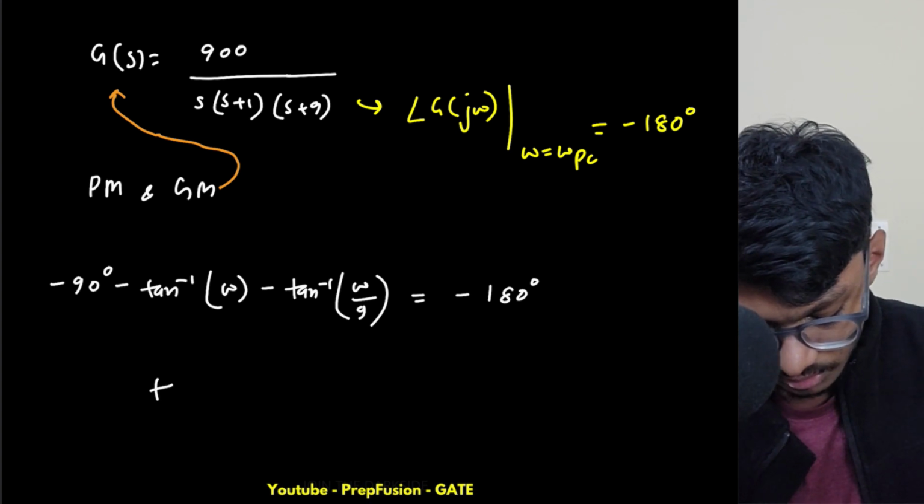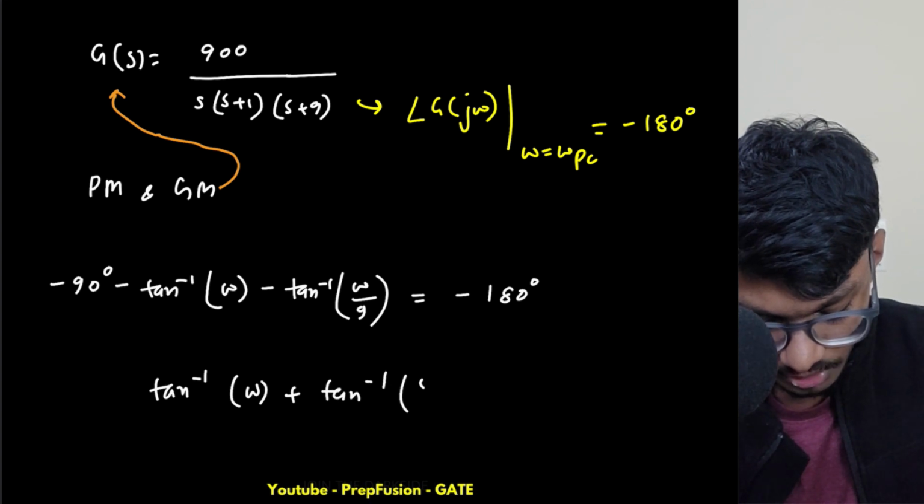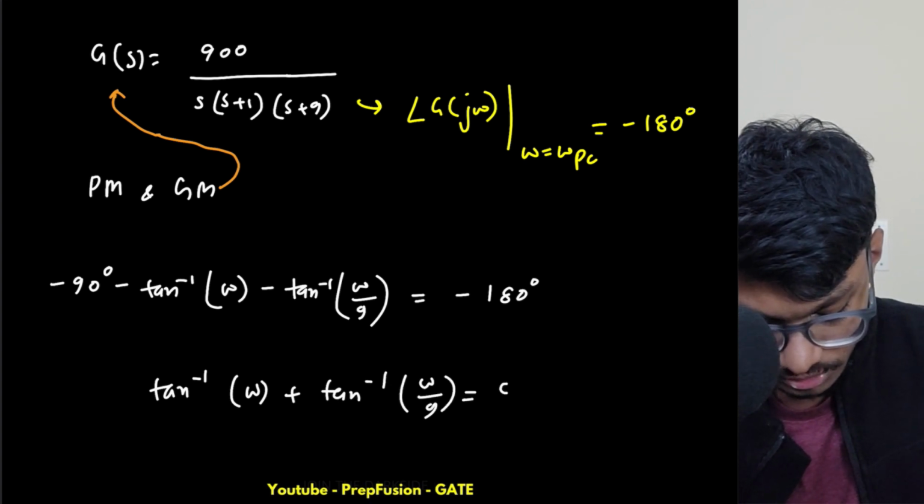So tan inverse omega plus tan inverse omega by 9 equals 90.